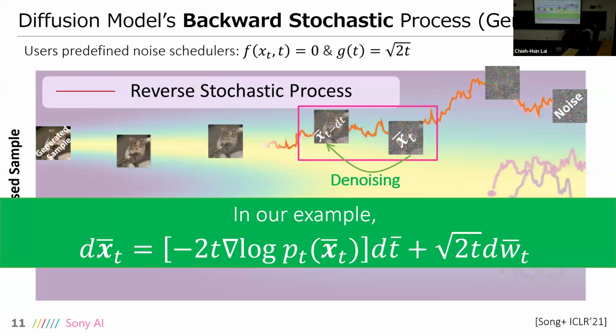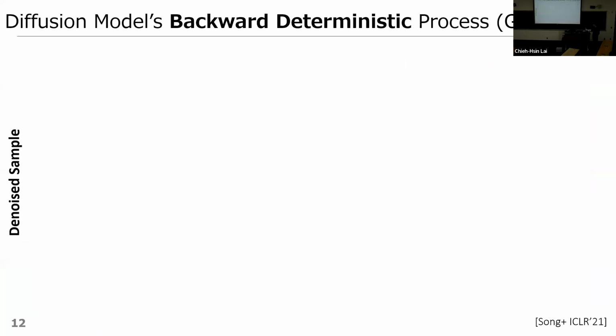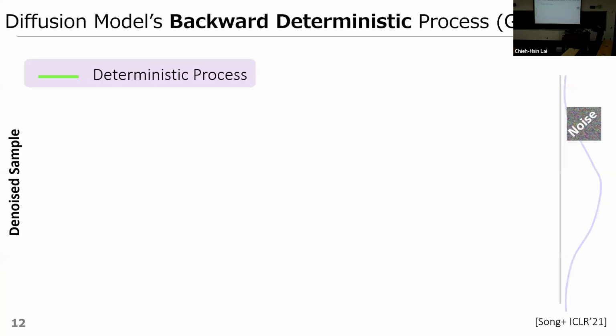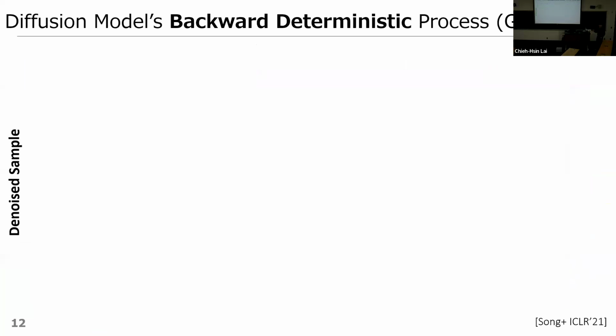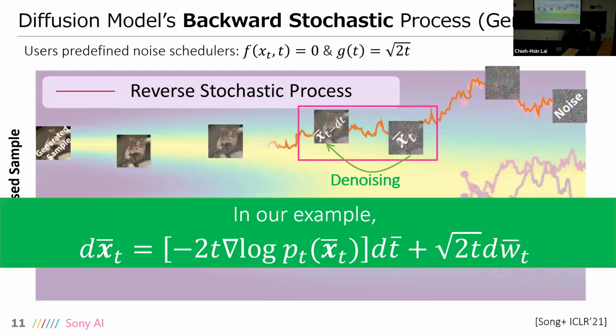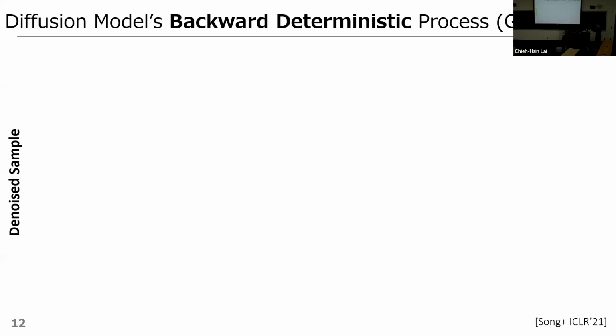All right, once we have access to this, to be more precise, so far so good? Good. This is a stochastic process: the forward process is an SDE, the backward process is an SDE, and they follow the same marginal.